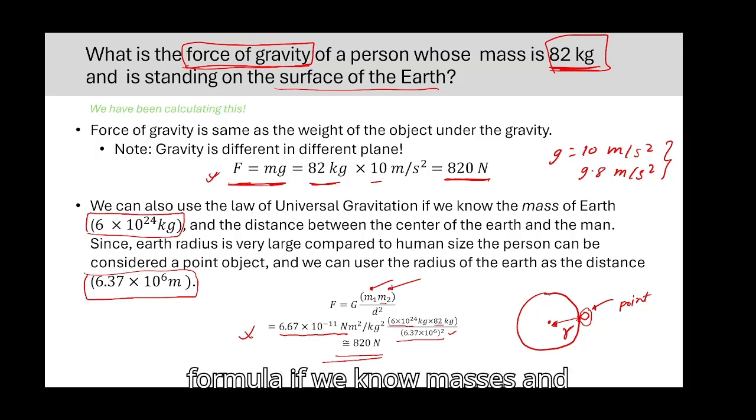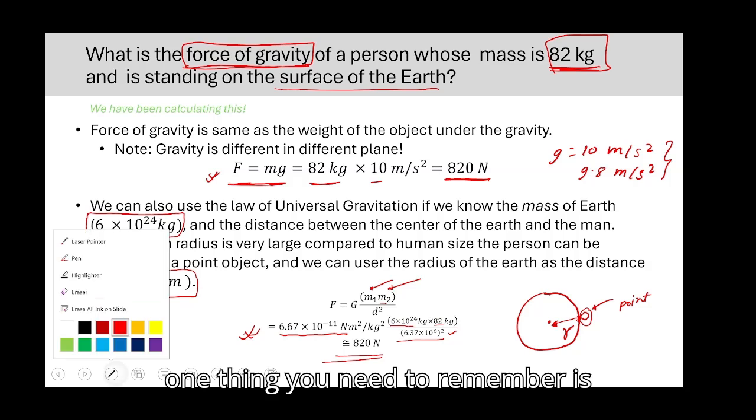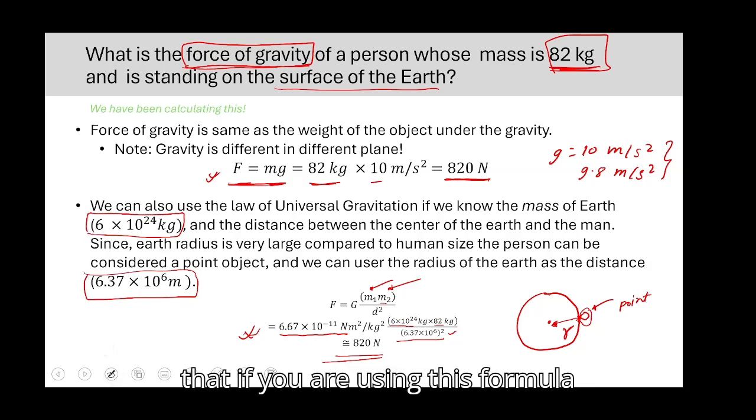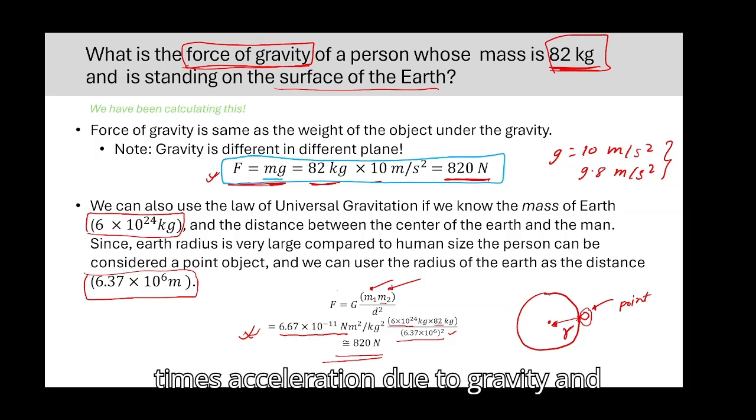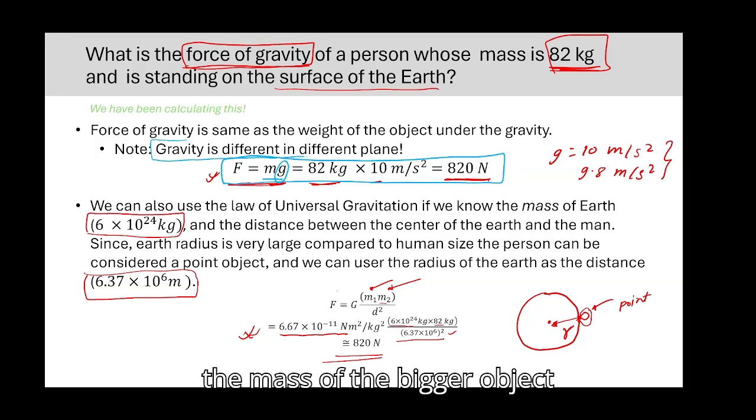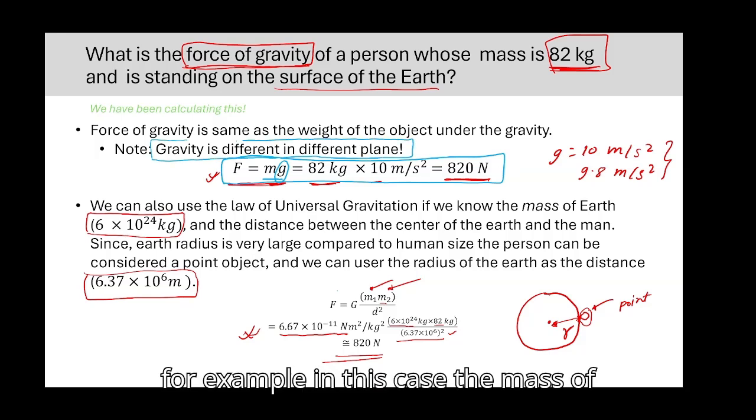If we know masses and radius, we will get the same number. And one thing you need to remember is that if you are using this formula, this includes mass times acceleration due to gravity, which depends on the mass of the bigger object, for example, in this case, the mass of Earth.